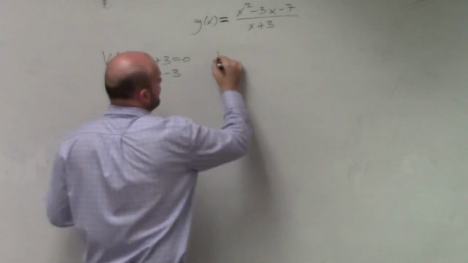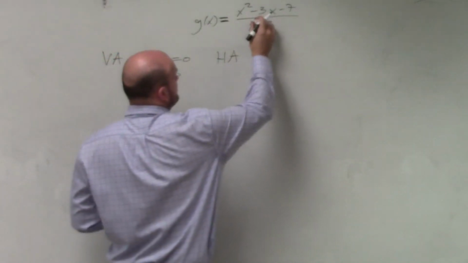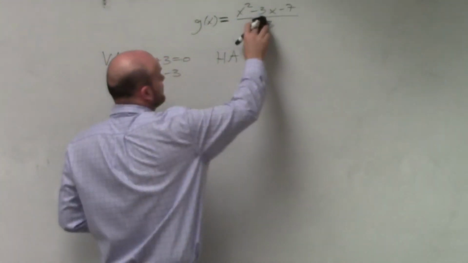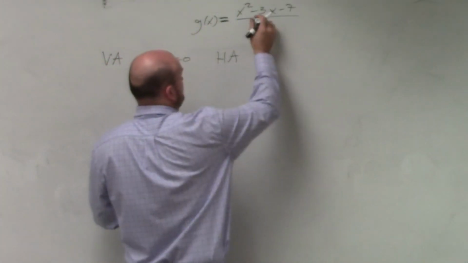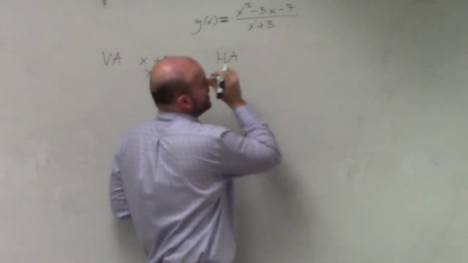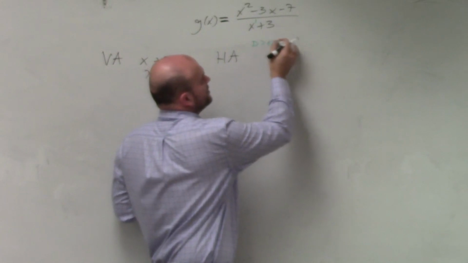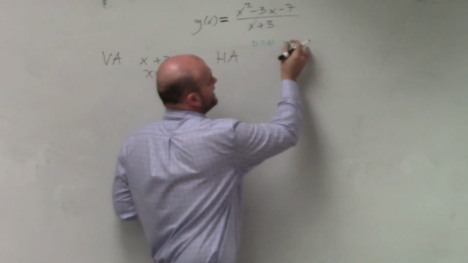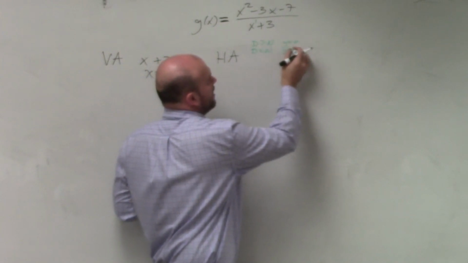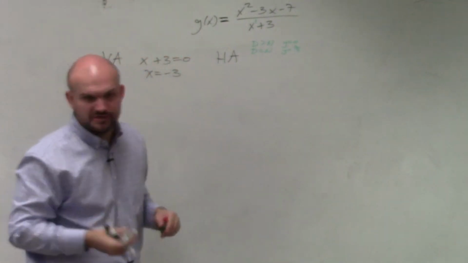Done. Horizontal asymptote. Again, you're comparing the degrees. Actually, I like doing green with these. So guys, we already did this. When the degree in the denominator is greater than the degree in the numerator, then y equals 0. When the degree is equal to the numerator, y equals a over b, which is leading coefficient over leading coefficient.